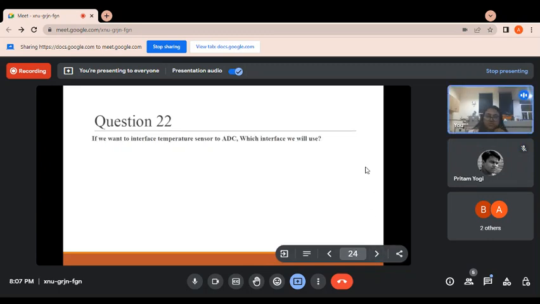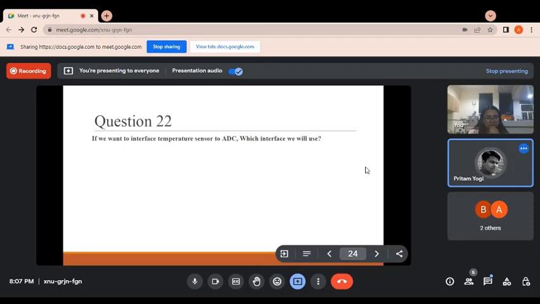And the second question is, if we want to interface a temperature sensor to an ADC, which interface will we use? Which device are we using?